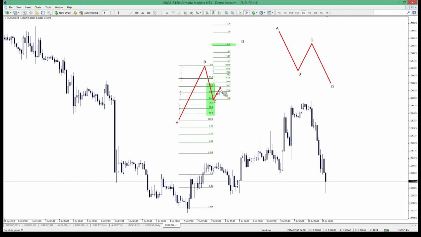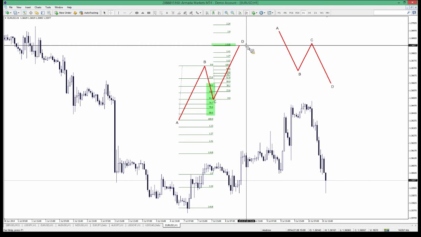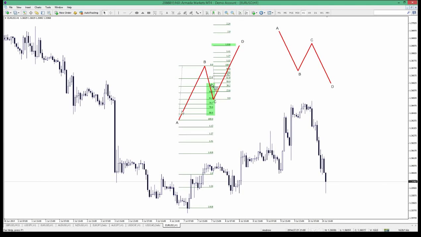So if I now take this AB leg and I copy this leg and I extend it to the C point, what you'll notice is it stalls out exactly at the 1618 extension, okay? And that adds your harmonic confluence, where you have Fibonacci extensions aligning with this harmonic price movement.